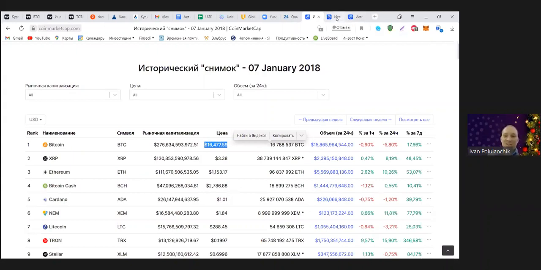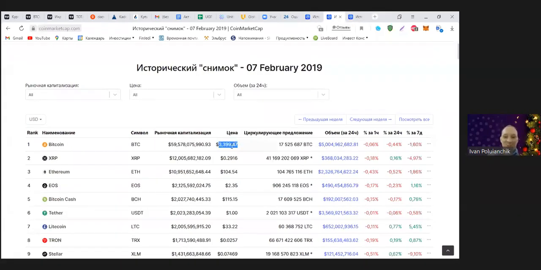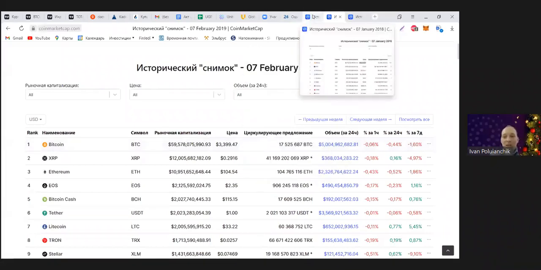So if they sold their coin in 2019 at $3,000 and purchased it at $17,000 in 2017, then they had a loss. But if they didn't sell it and waited it out, then they had multiple X's. Their capital increased multiple times.